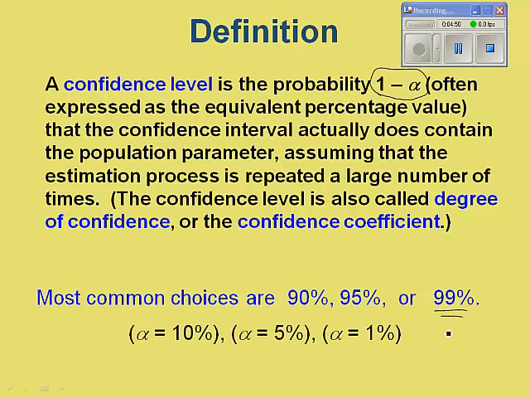See, if I want to be 99% confident that the population parameter is in my interval, that means alpha is 1%, this is going to be a bigger interval. If I'm happy enough just being 95% confident or 90% confident, then you'll have a smaller interval.